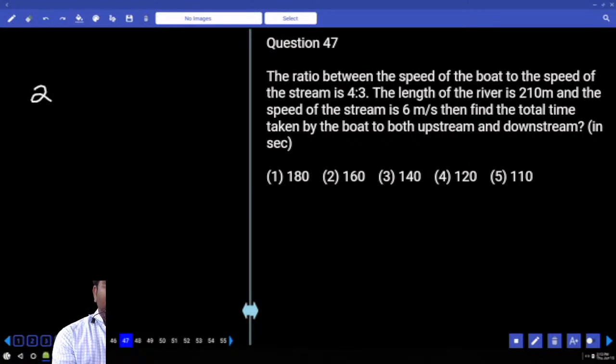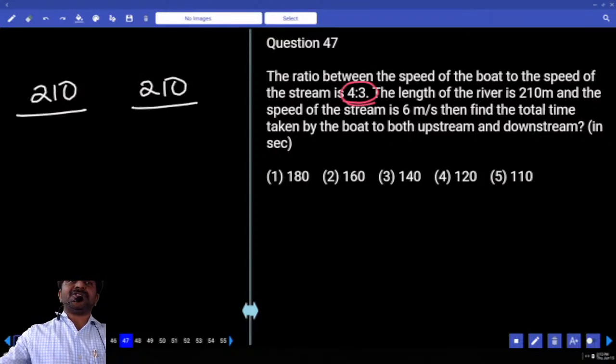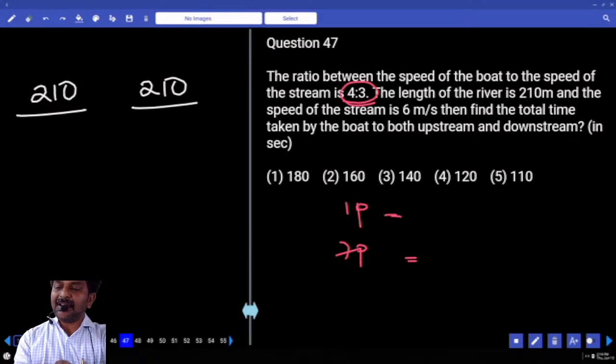So we need to travel 210 meters upstream and 210 meters downstream. M to S is mentioned as 4:3. Upstream speed is 1 part, yes or no? Right. And then downstream speed is 7 parts. That's what we need to calculate.